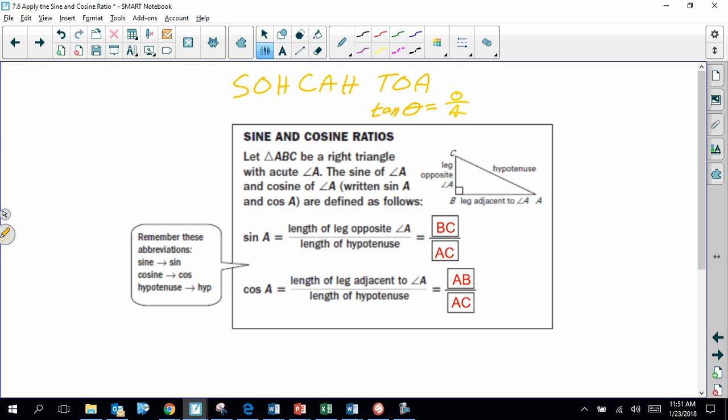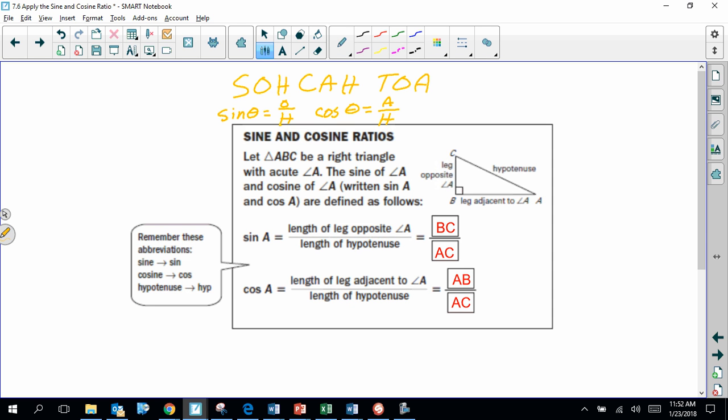So here I would say sine of my angle, sine of theta, is equal to the opposite side over the hypotenuse, and cosine of theta is equal to the adjacent side over the hypotenuse.